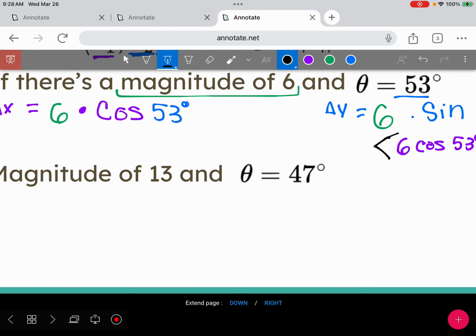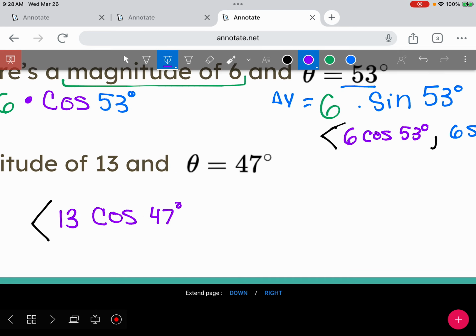So our vector, given this piece of information, we're going to have our magnitude, which is 13. Our x's come from the cosine of our 47 degrees. Our y's are going to be our 13 times the sine of 47 degrees. So it's our magnitude times the trig function of the angle.